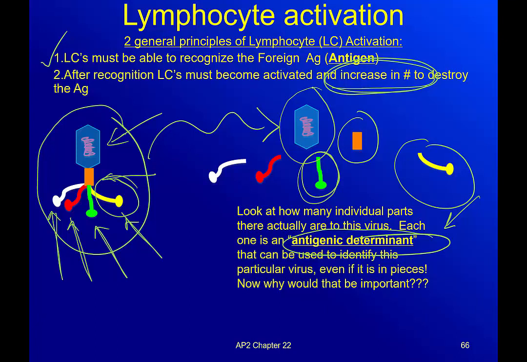So for example, if I had one army that recognized the face of a villain, if I had another army that recognized their fingerprints, if I had another army that recognized their DNA sequence, I actually have multiple ways of catching this criminal.